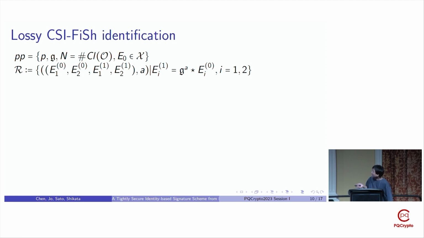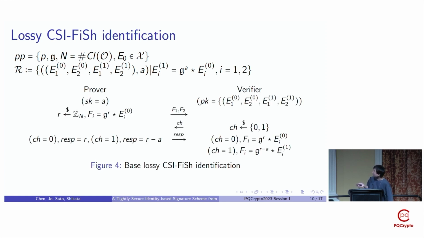The public parameters are the characteristic p, the generator g, the order N of the ideal class group, and the starting elliptic curve E0. Then consider the region R, where E10, E20 are two random elliptic curves in X, and E11, E21 are connected with E10, E20 respectively by the isogeny GA.